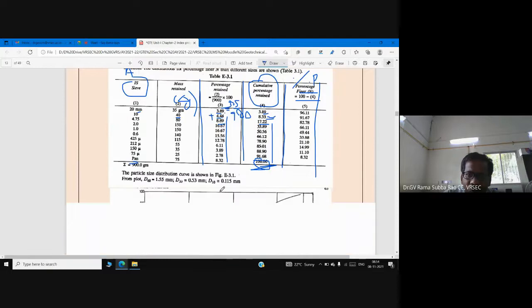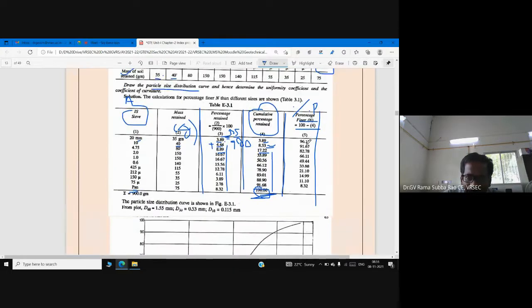Like that, we calculate the remaining values. But it is interesting to discuss pan. Here cumulative percentage retained is 100, so percentage passing is 100 minus 100, which is 0%.